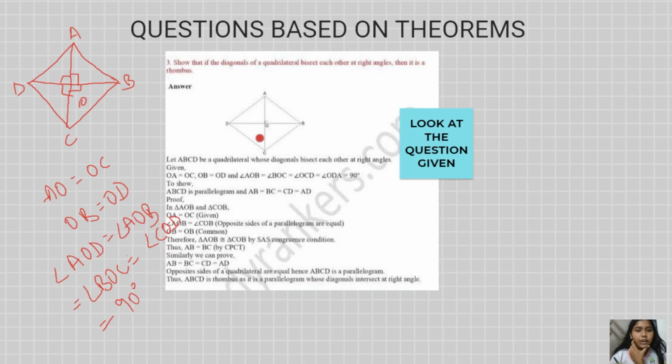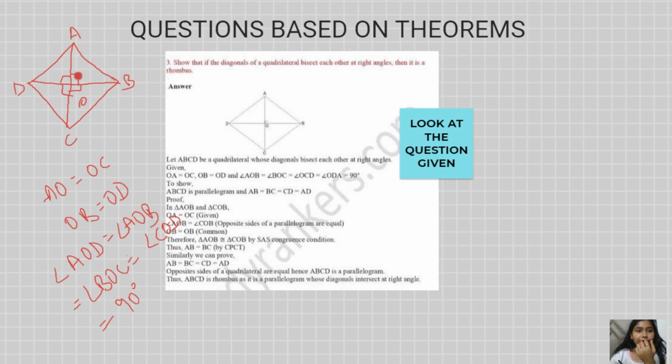In triangle AOB and triangle COB, OA is equal to OC, that is already given. Both of these angles are equal because they are 90 degrees, and this side is common.